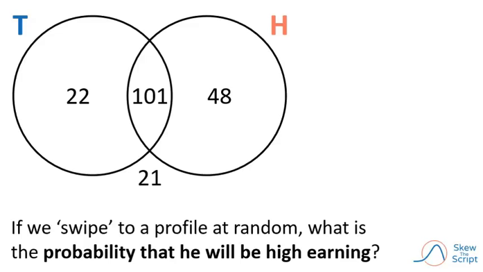What is the probability of selecting a high earner at random? In other words, we're looking for the probability of event H, which is everyone in the circle who is high earning, regardless of whether or not they are tall.